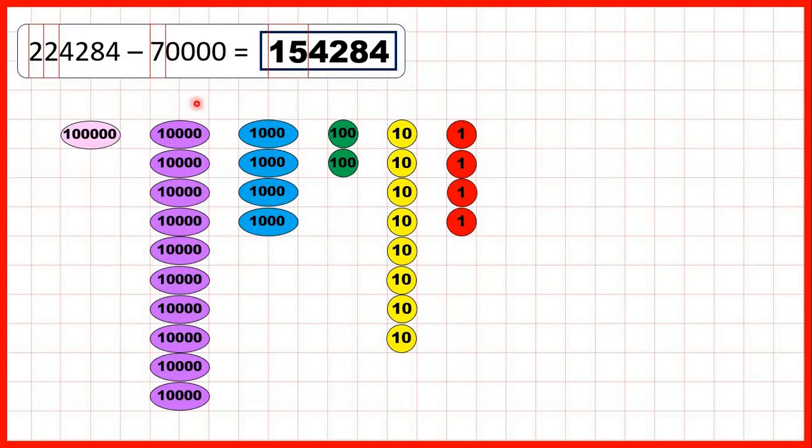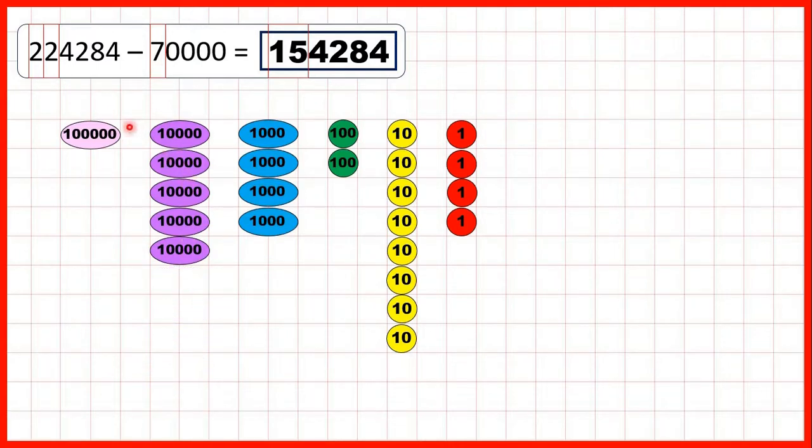So now we've already subtracted 2 10,000s, so let's subtract 3, 4, 5, 6, 7. And now you can see that we have 1 fewer 100,000 counter because we needed to take one to exchange, and we have 5 10,000 counters. So that's why we could do 22 minus 7 to get 15, and then leave all of our other digits the same because our thousands, hundreds, tens and ones have stayed the same.